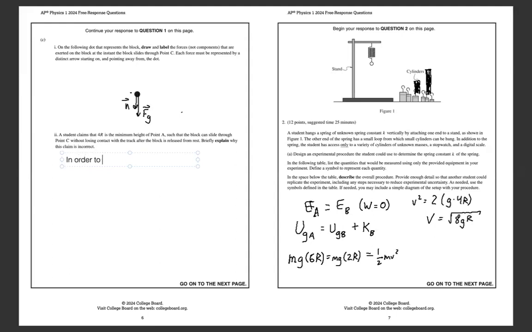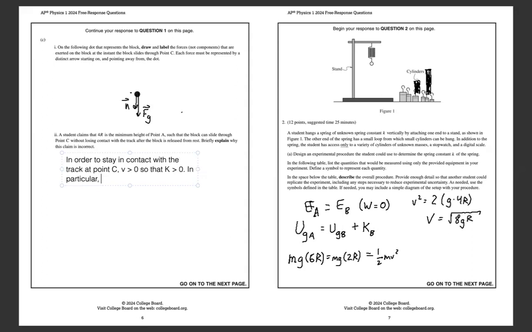In order to stay in contact with the track at point C, you have to have a velocity that's greater than 0, so that the kinetic energy is also greater than 0.